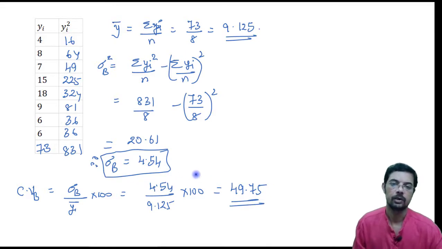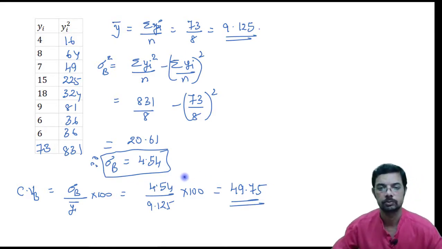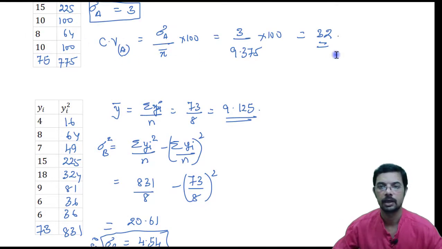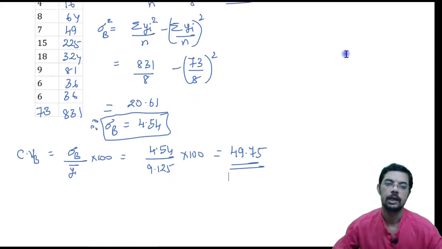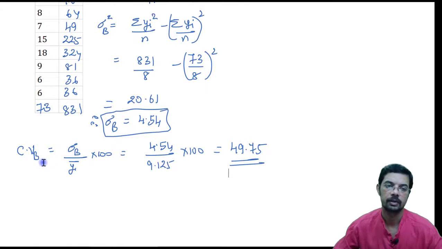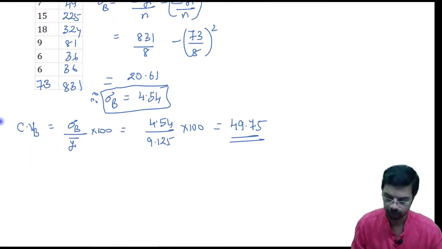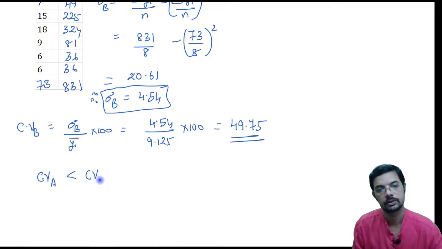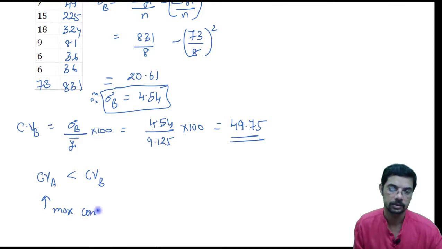Okay, so here we can observe. Let us observe what is the difference. So the coefficient of variation of company A is 32 and the coefficient of variation of company B is 49.75. What we observe here is coefficient of variation of company A is less than coefficient of variation of company B. So therefore this one is more consistent.